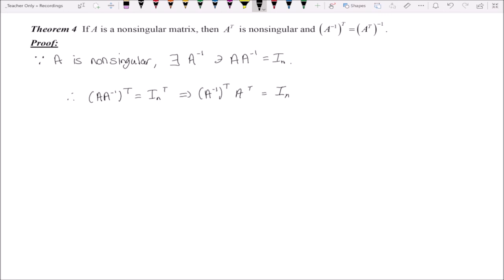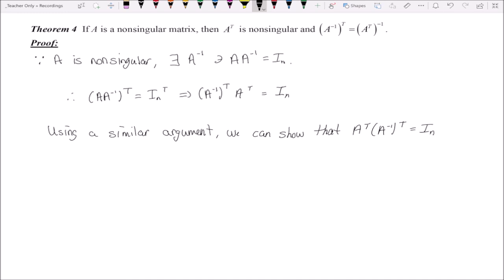Again, this is a fairly straightforward exercise to show. We can use a similar argument to show that A transpose times A inverse transpose is also the identity matrix.